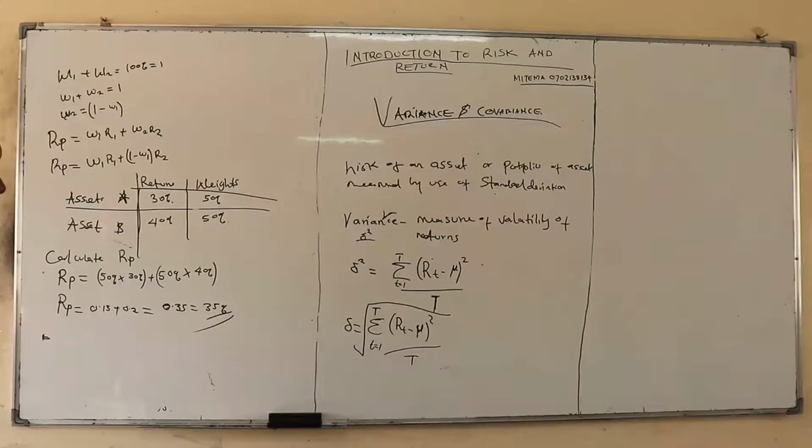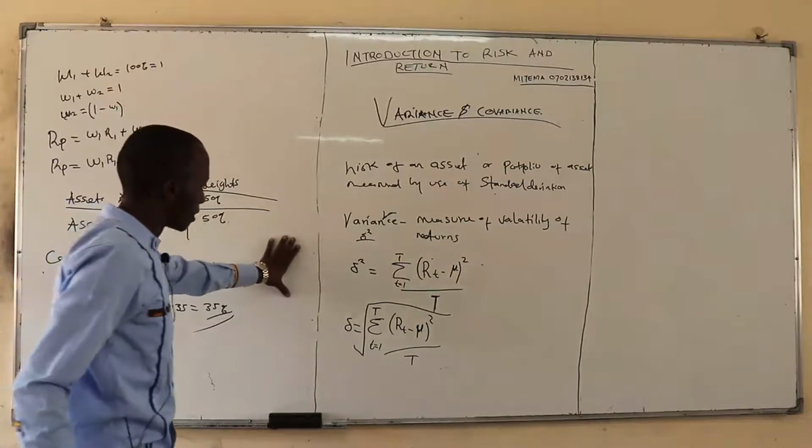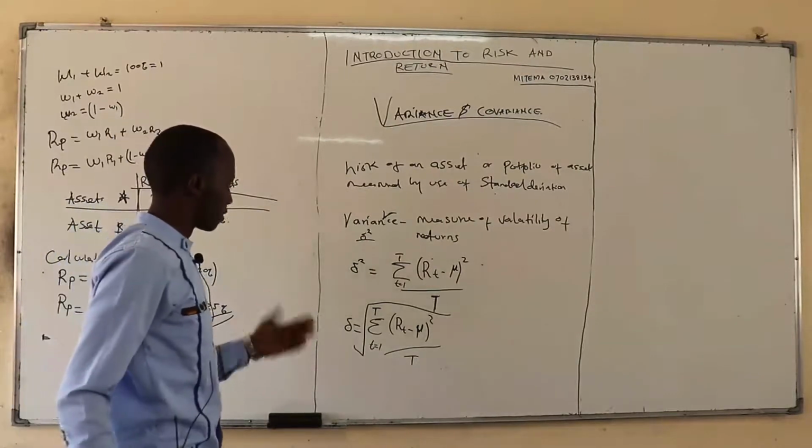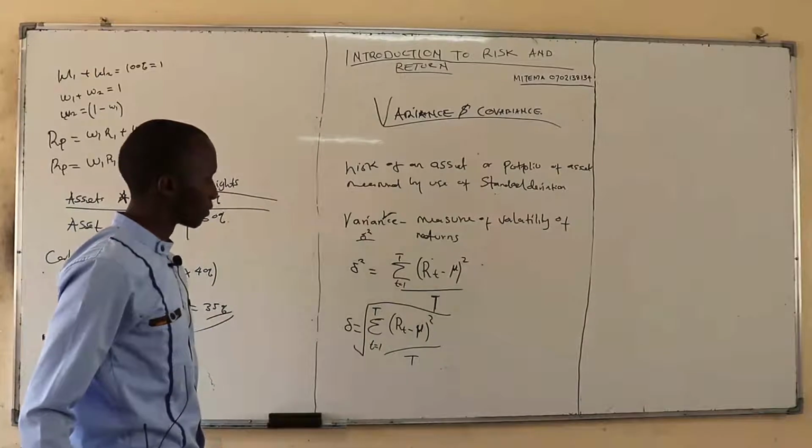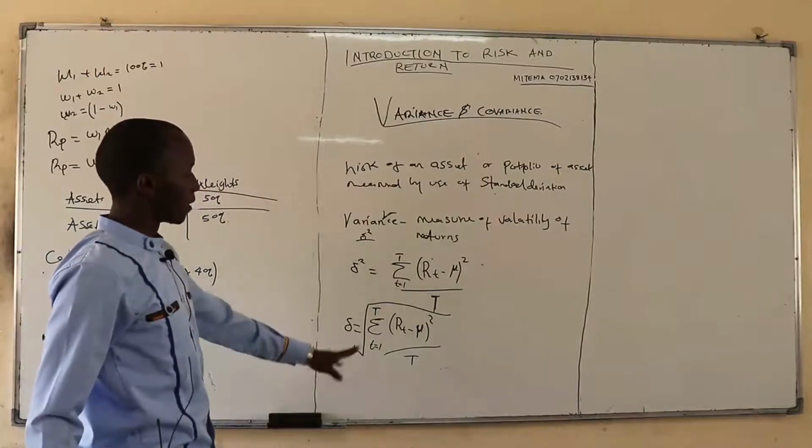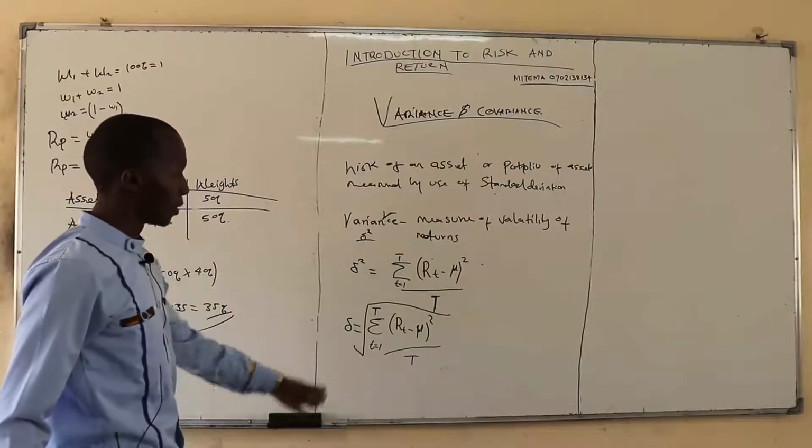So standard deviation is the measure of the risk of an asset, which may also be referred to as volatility. We use the standard deviation to measure the volatility of the returns of an asset or a portfolio of assets, and we find it by finding the square root of the variance. This is when you are given a population.